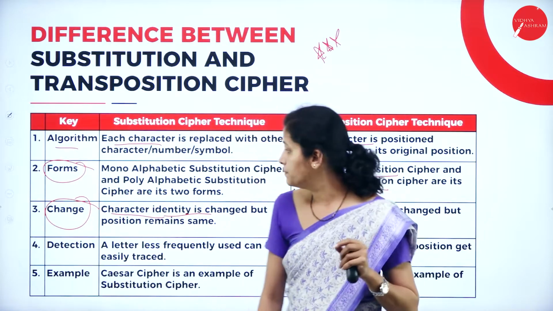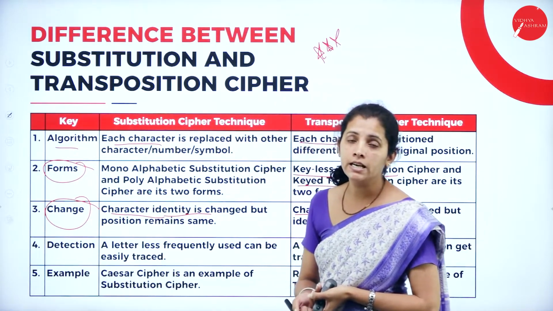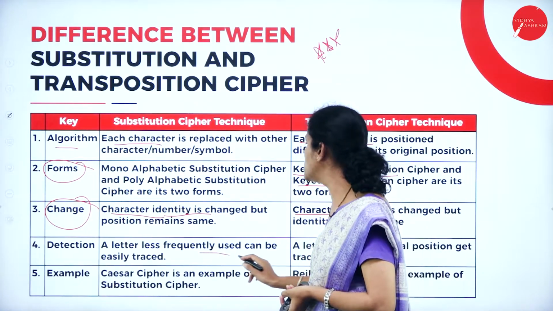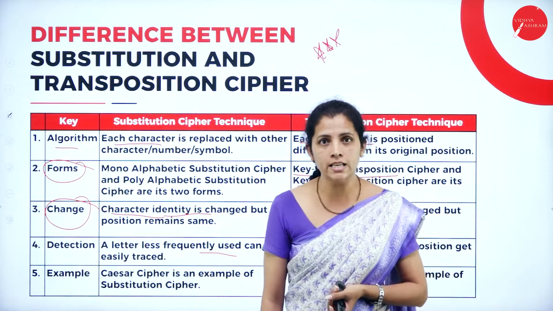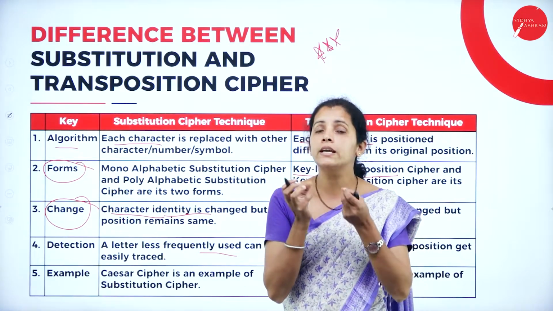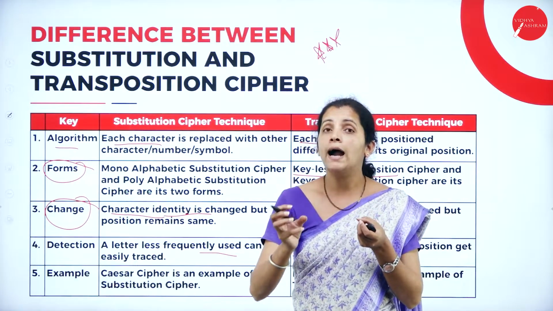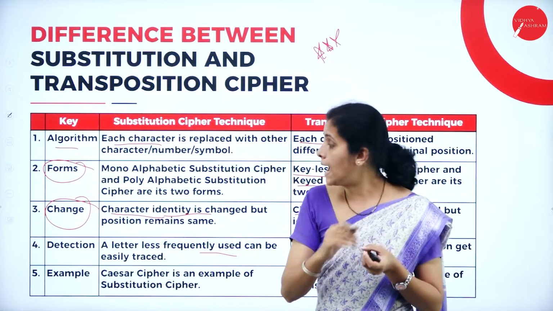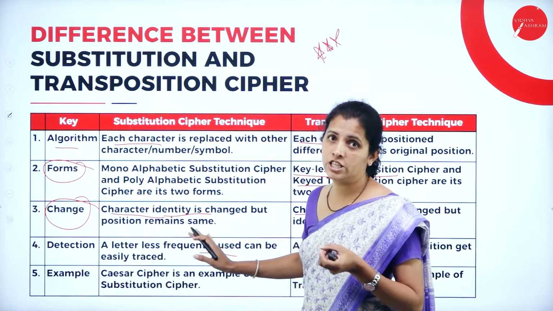And the next difference here is detection. A letter less frequently used can be easily traced. That means whatever letters we use in our daily life, the letter which is least used can be traced very easily.